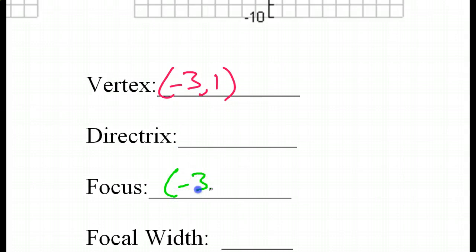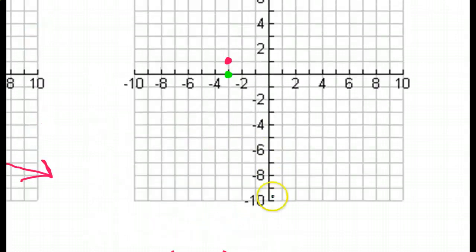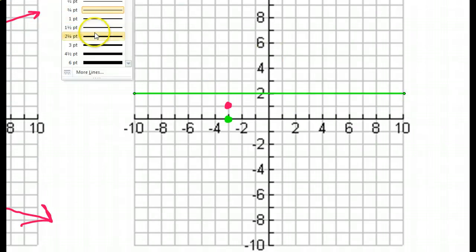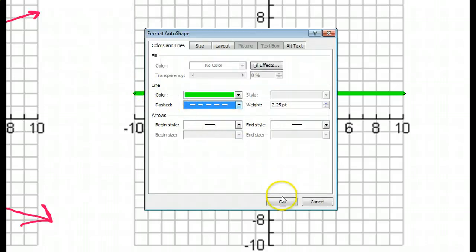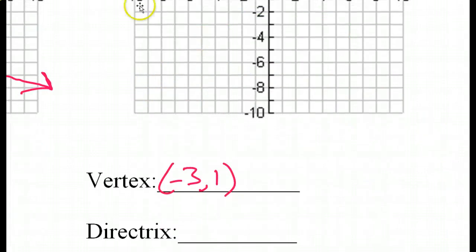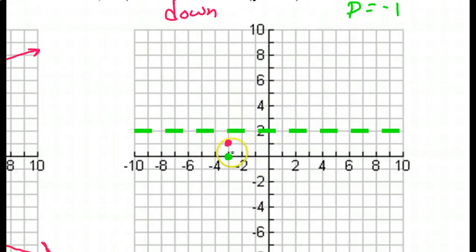The directrix should be the same distance in the other direction. So my directrix will be right here. By the way, that's y equals 2. Now for my last couple of points, I need the focal width. The focal width is 4.